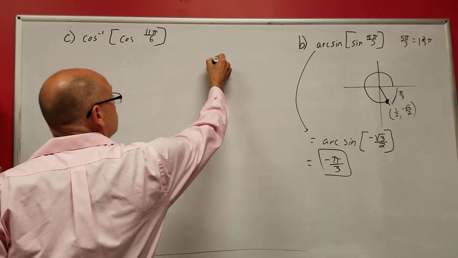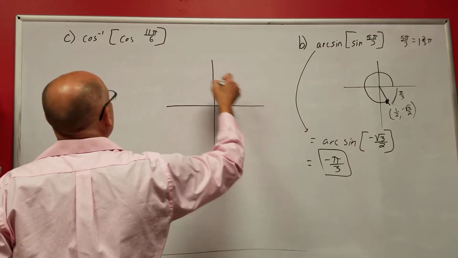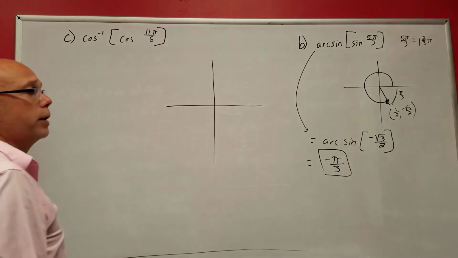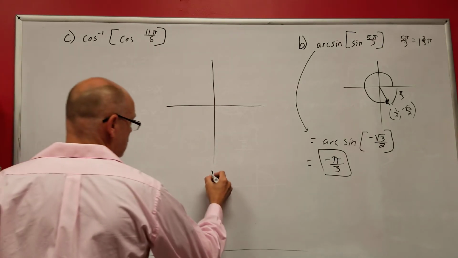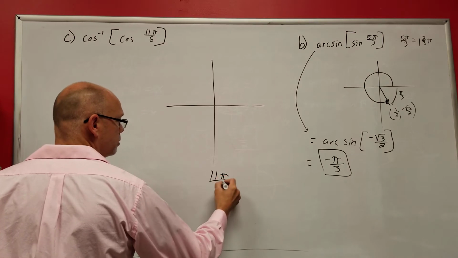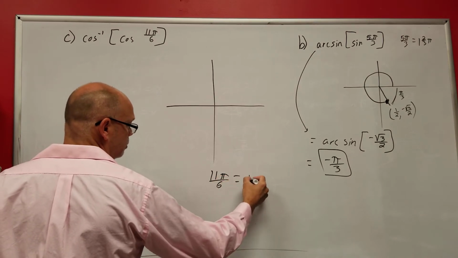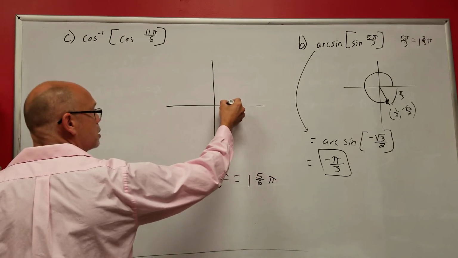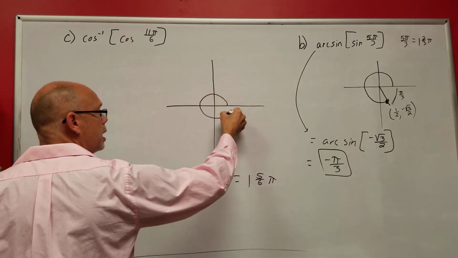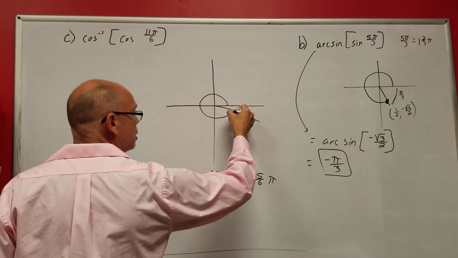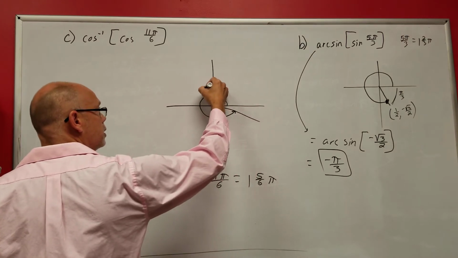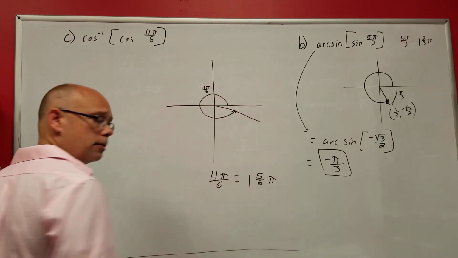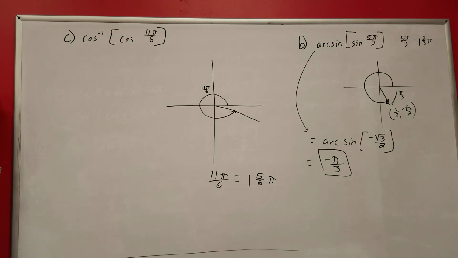Let me draw my circle and let me rotate through an angle of 11 pi over 6. Let's see, 11 pi over 6 is what? 1 5/6 of a pi. So I'm going to rotate 1 pi and then 5/6 of the way to another pi. This is 11 pi over 6. Now, what is my reference angle?